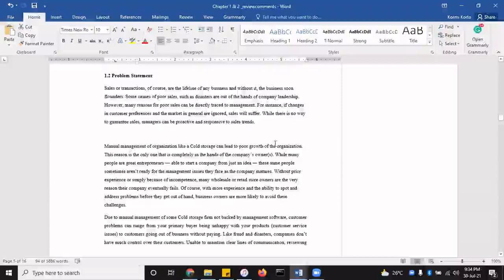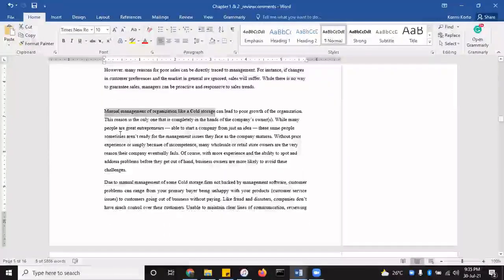Okay, so what's the problem statement here? Manual management of organizations like a cold storage can lead to poor growth of the organization. So one of the problems is manual management of cold store systems. That's one of the problem statements in one paragraph.